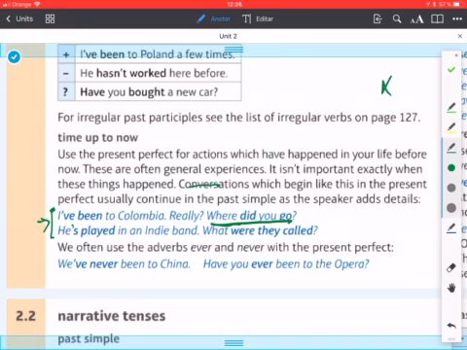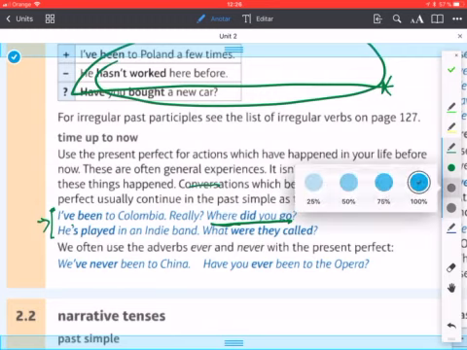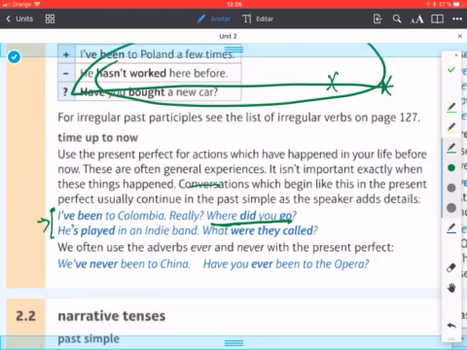So remember, we're talking about the past. So you're saying, yes, I have worked in Cuba. And people normally ask you, when? And you say, it was from 1997 to the year 2000. Okay, so when you want details, then you use the simple past.